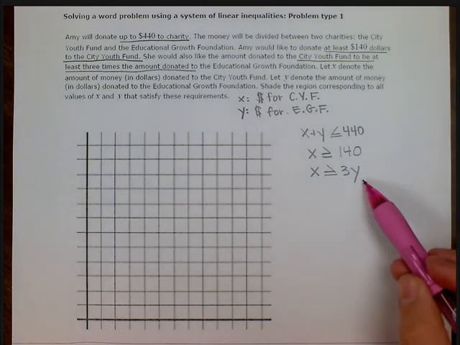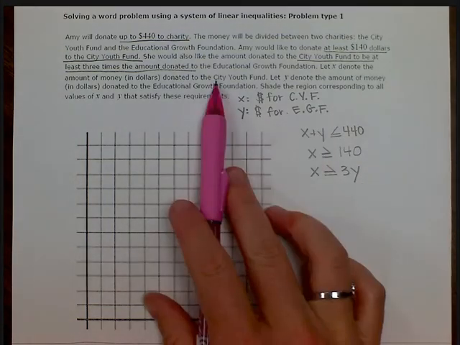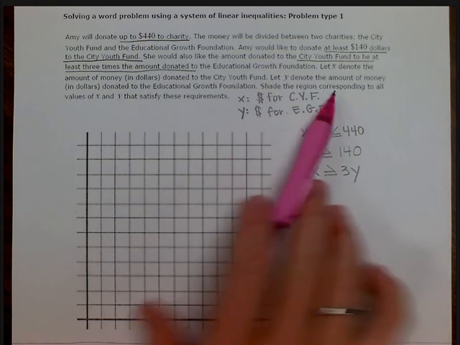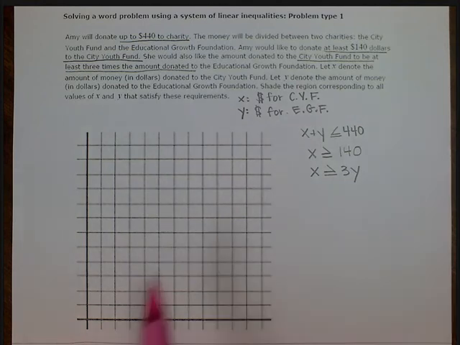Alright, let's keep reading and make sure that we've covered all of our bases. Let X denote the amount of dollars and Y denote shade the region. Okay, so we've covered our pieces of information, but I'm going to point something out to you that you need to realize when you're doing your homework. This graph is only the first quadrant. So there's some other constraints that they're kind of giving us a hint to.